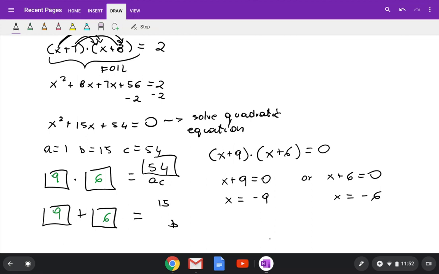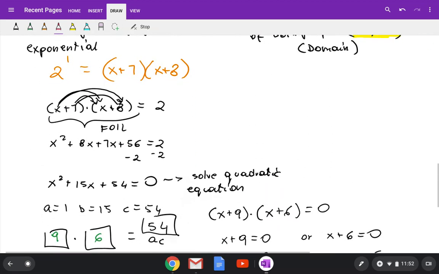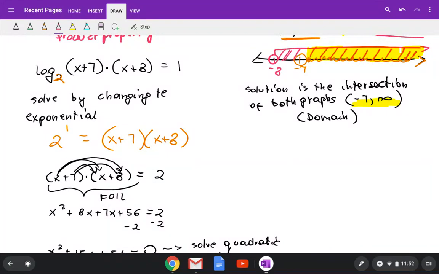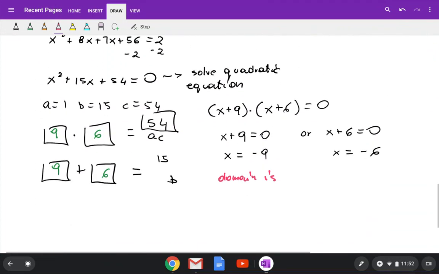So now you're going back to the domain, okay? So don't forget that the domain is all the x's from negative 7 to positive infinity. What that means, x equal negative 9, it's extraneous, okay?